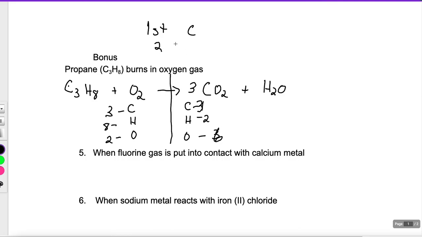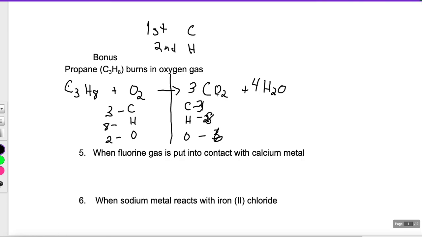Second, fix the hydrogens. Okay, we've got 8 hydrogens here and 2 over here. So I've got to put a 4 right there. That gives me 4 times 2 is 8 hydrogens now. But that gave me 4 oxygens here plus 6 right here. 3 times 2 is 6.